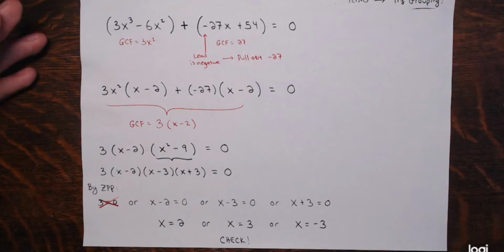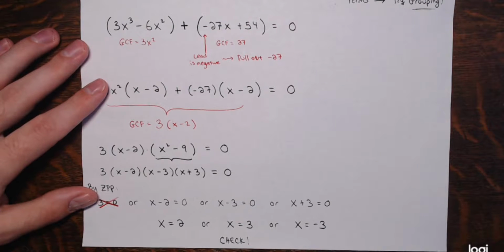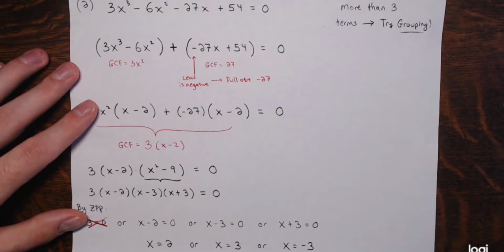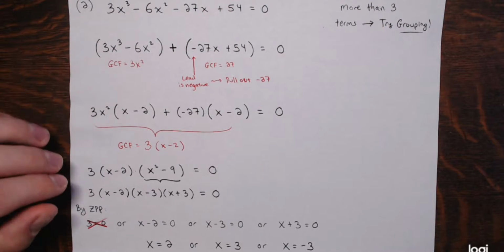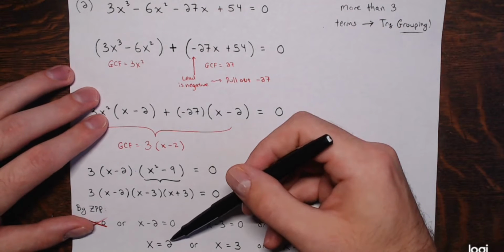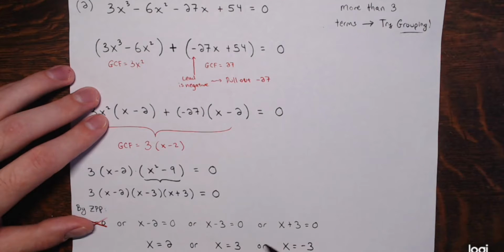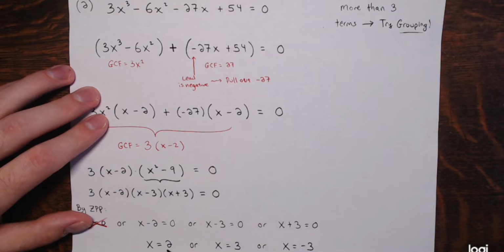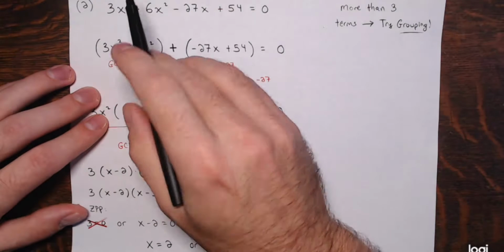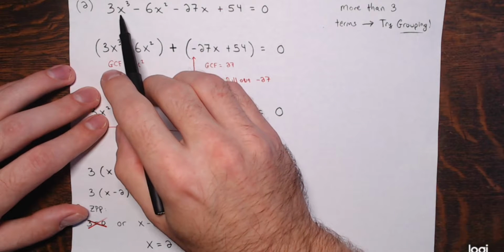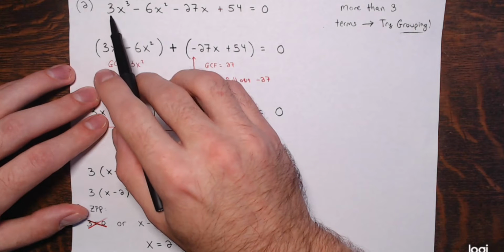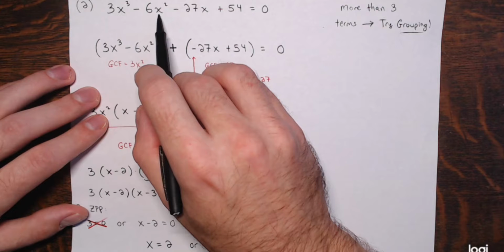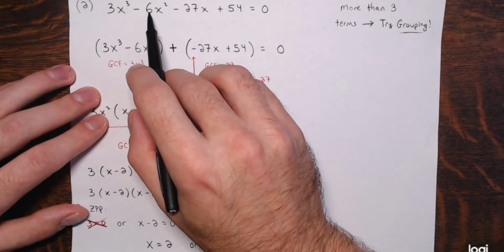Now you can use a calculator if you wish, but I'm going to go back right to the original equation, there it is up top. Start with 2, right? And I'll just do this first one, and I promise you the rest of them work, if you did everything correctly. Now 2 cubed is 8. 3 times 8 is 24. 2 squared is 4. 6 times 4 is 24.